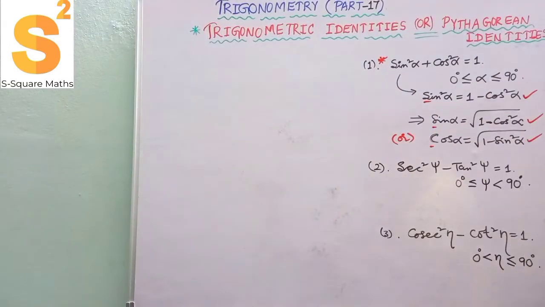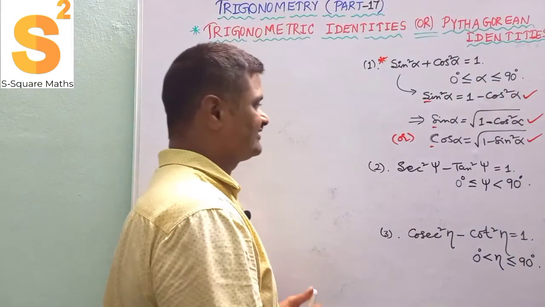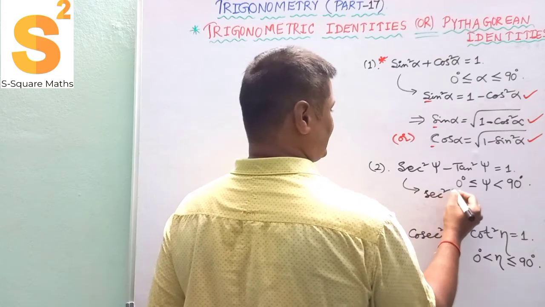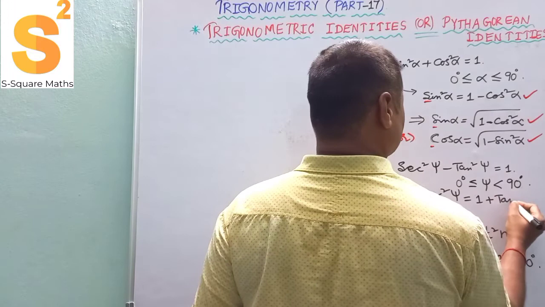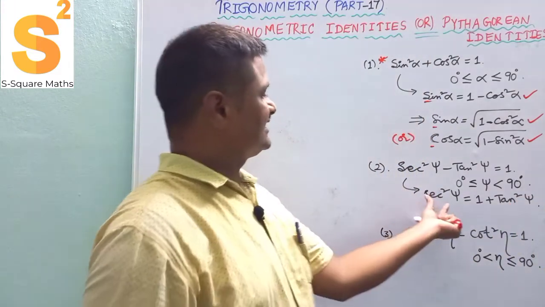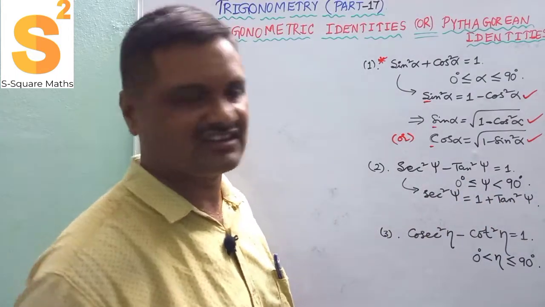In the same way, let us go through the deductions for the second one. I can write from this sec square psi is equal to 1 plus tan square psi, or sec psi is equal to root of 1 plus tan square psi.